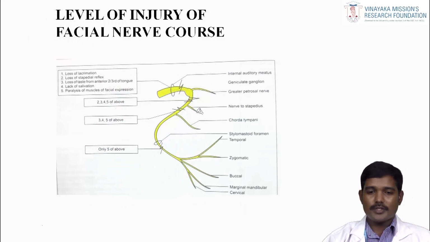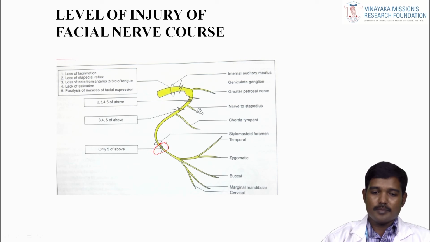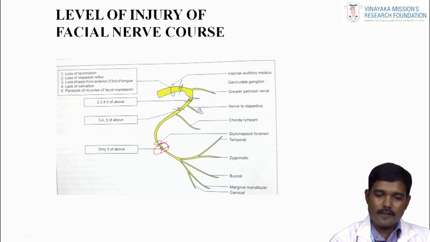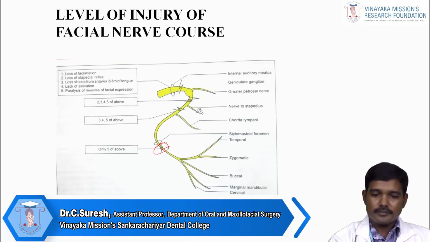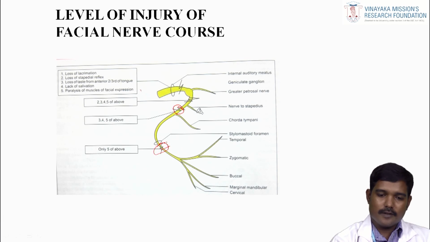We can go through the levels of injury of the facial nerve course. In case injury happens below the stylomastoid foramen, the patient has facial paralysis, the muscles of facial expression getting affected at this level. In case the injury is above the chorda tympani nerve branch, the patient gets paralysis of muscles of facial expression, and lack of salivation and loss of taste from the anterior two-thirds of the tongue.